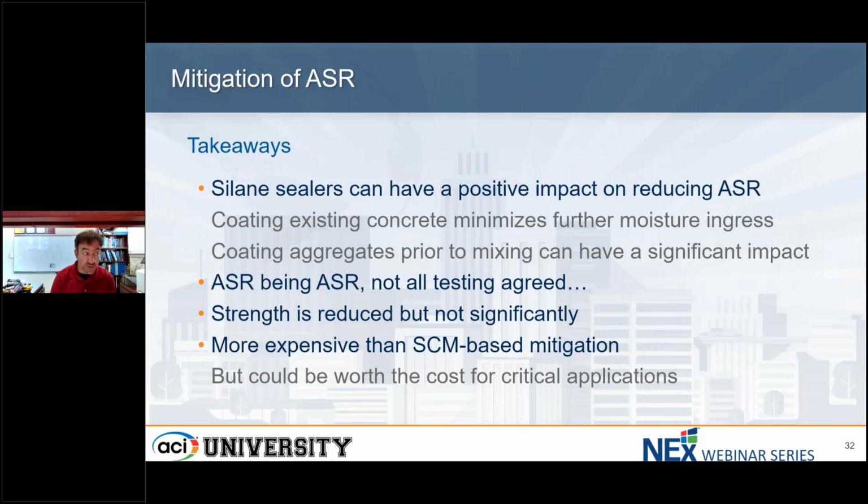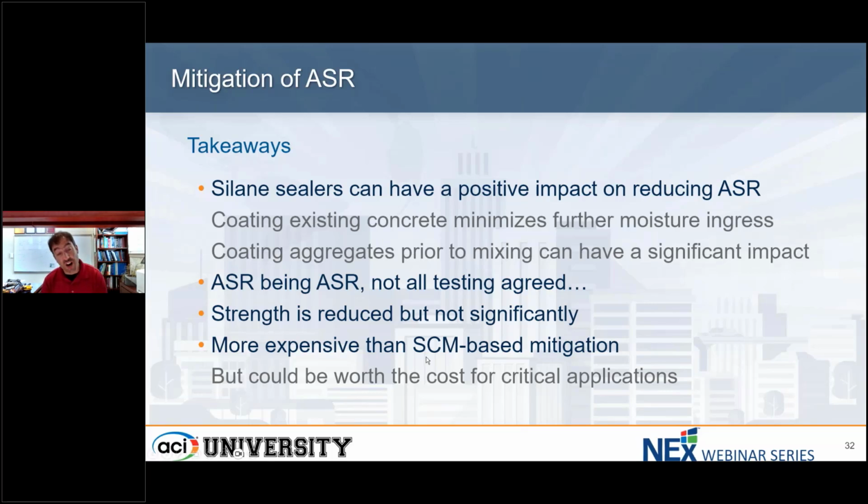So it did reduce the strength, but we still had adequate remaining capacity in the system that it was not a problem. Now, if you want to do a more probabilistic approach, sure, maybe you increase the uncoated mix strength a little bit more to give yourself some more safety factor for the decrease that you might have if you're coating the aggregate. And that's doable, but it does decrease the strength.